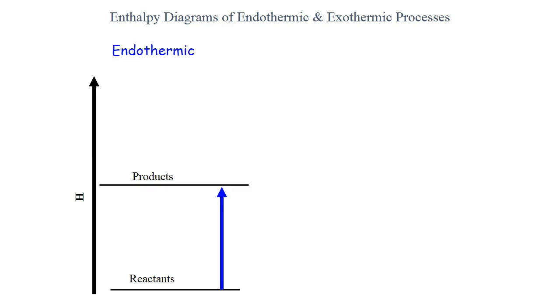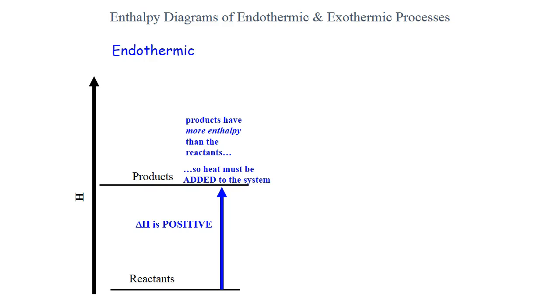So on the left is endothermic. The products have more enthalpy than the reactants, and therefore heat must be added to the system. It is absorbed from the surroundings. Delta H, that is the enthalpy of the products minus the enthalpy of the reactants, is a positive value.